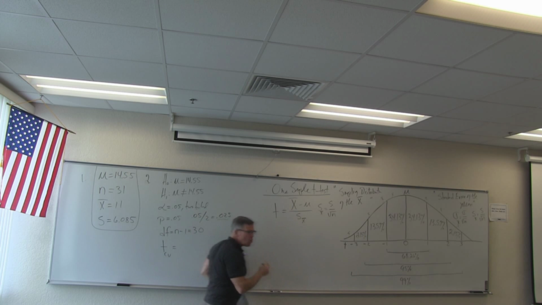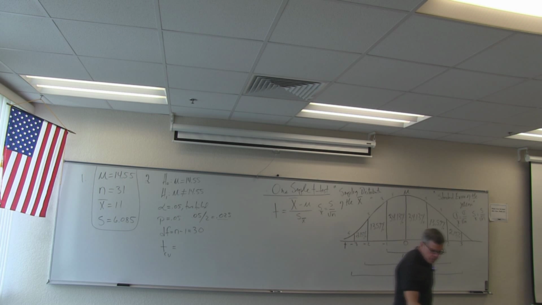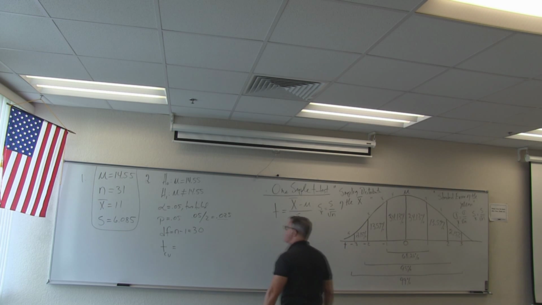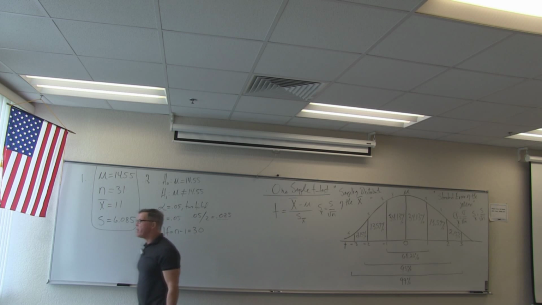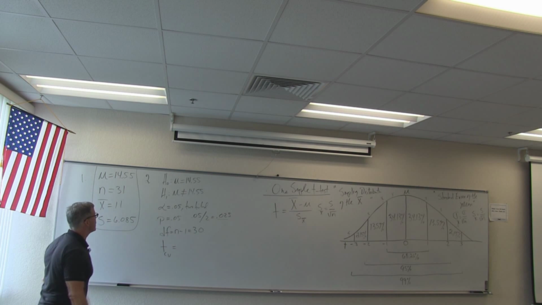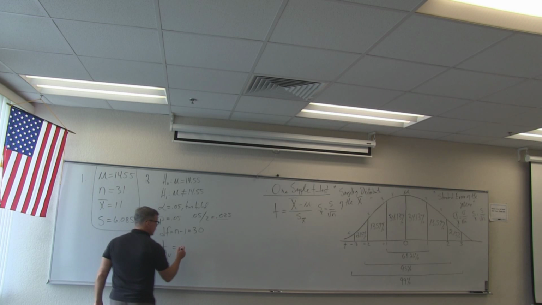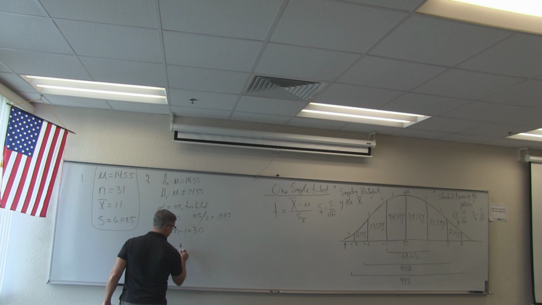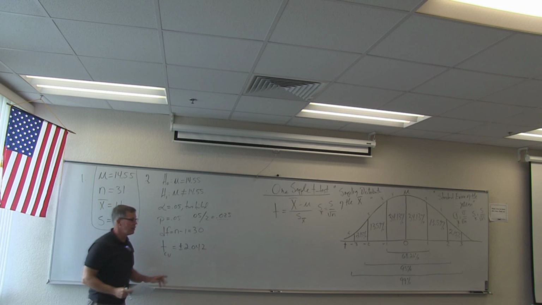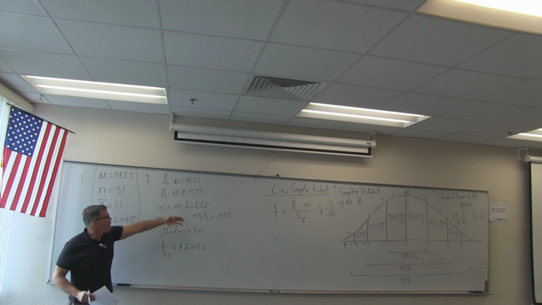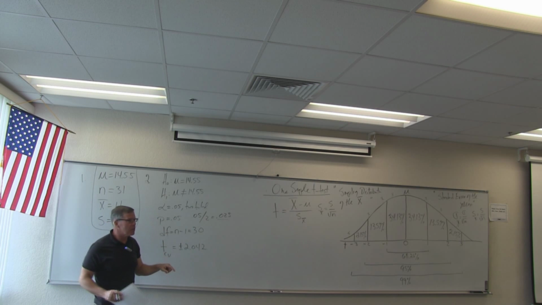We go across the top to 0.025 and down the side to 30. And we have a number there. And what is that number? 2.042, positive or negative.